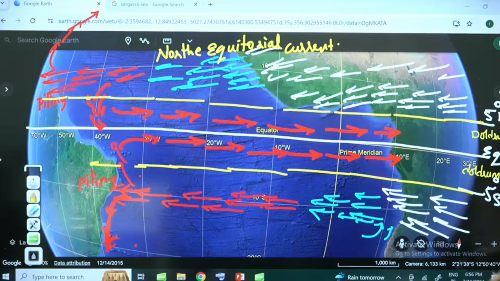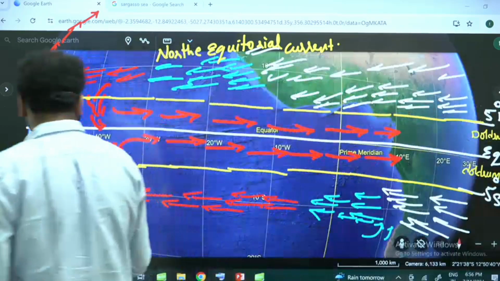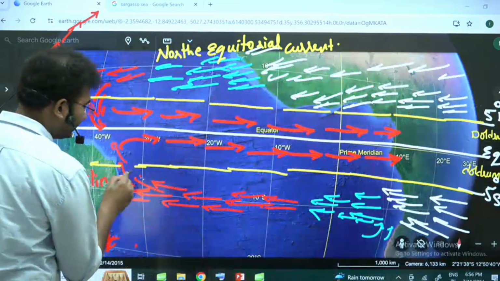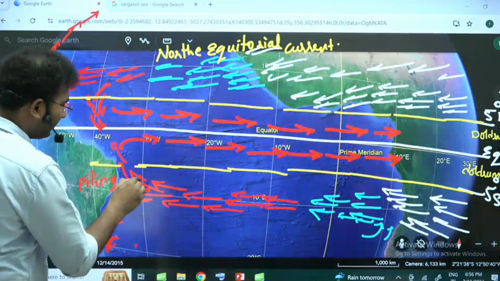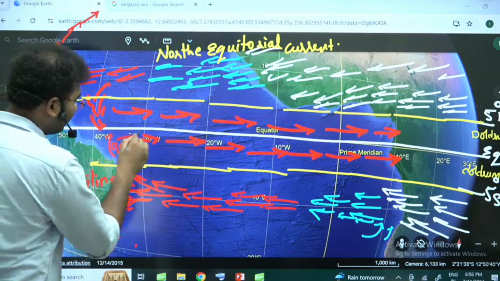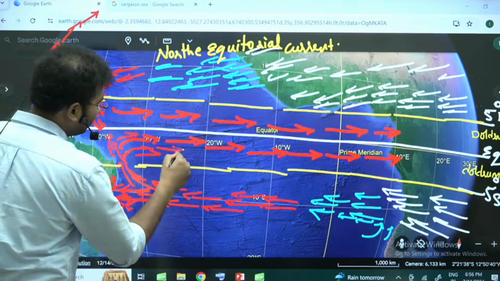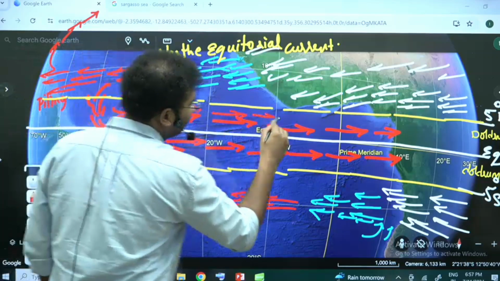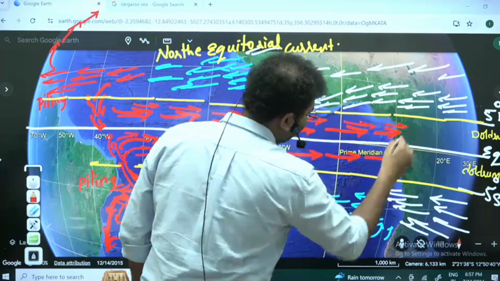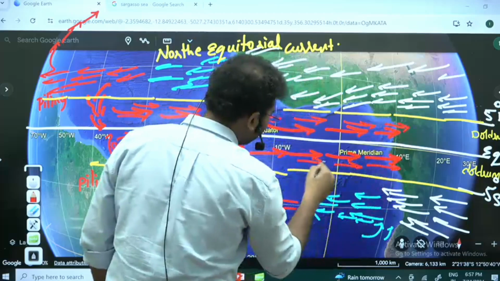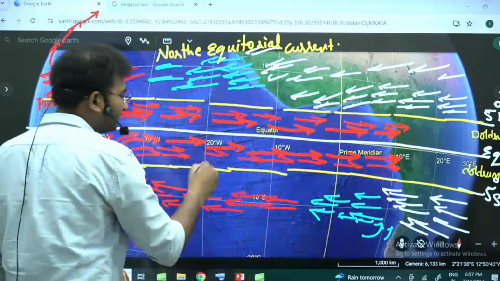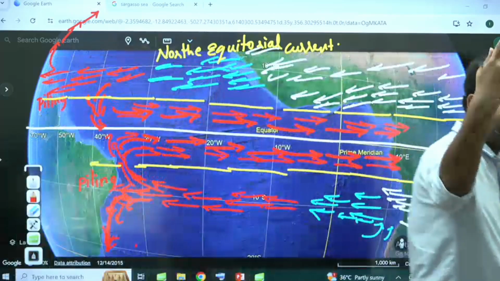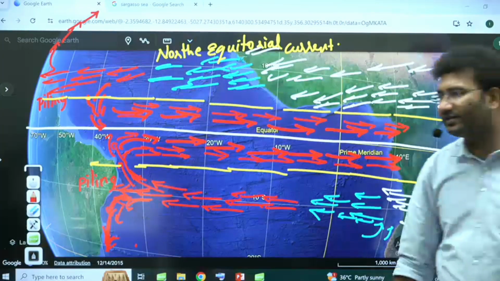So all the water which is getting piled up here is also getting drifted, and the piled up water starts to move towards the other side. And this water is called the counter equatorial current. And one more reason is the direction of the movement of the earth. See, the rotation of the earth is also one of the reasons. It is not the only reason.